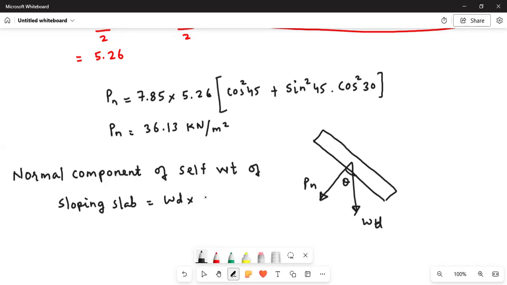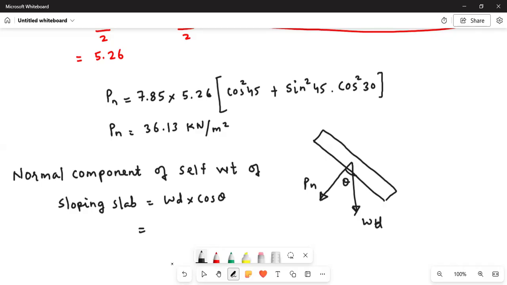You know how we find the self weight of the slab: thickness, or depth of the slab, into density of the concrete. The depth of the slab that we have considered is 180 mm. Even in the design of the hopper bottom, the depth is the same, 180 mm.